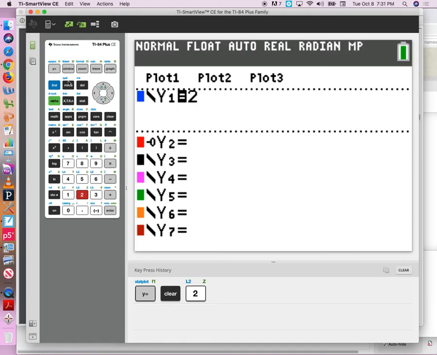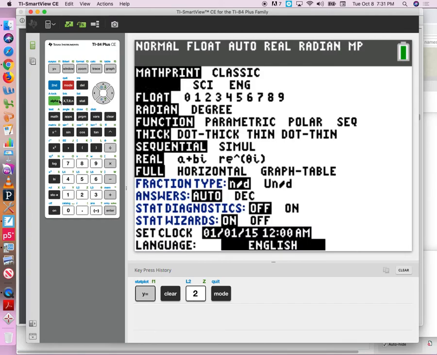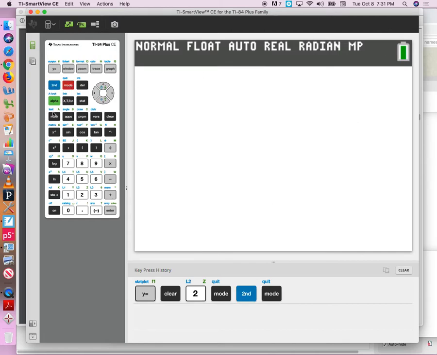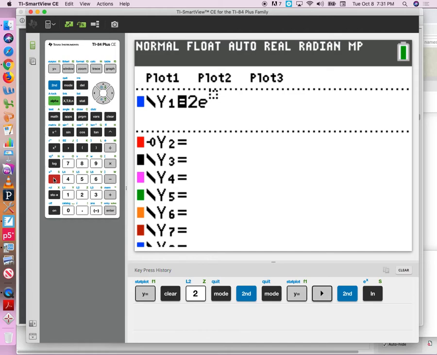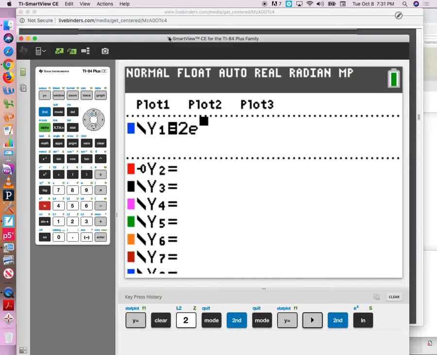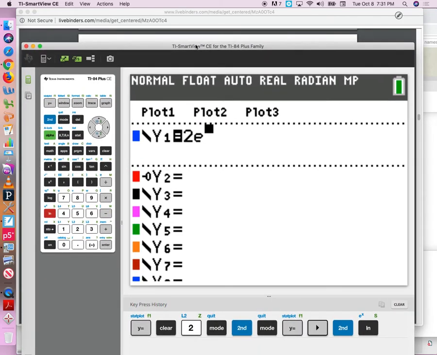So 2e, oh sorry, wrong thing. So this is just cumbersome over here. All right, so 2e to the, no, I already forgot what it was. 2e to the 4x squared.